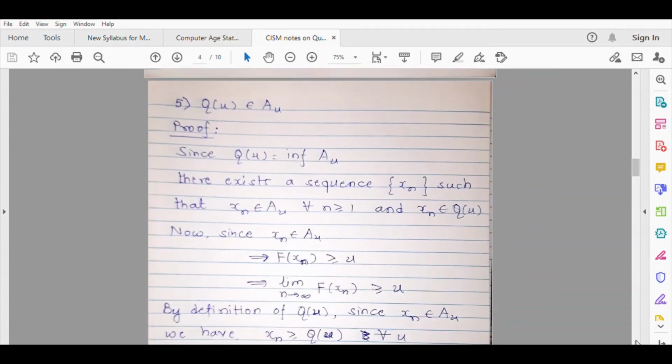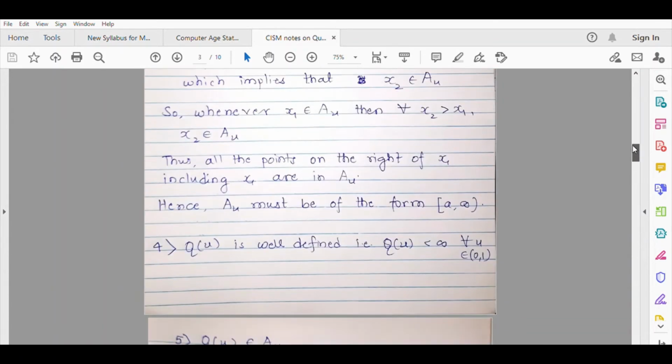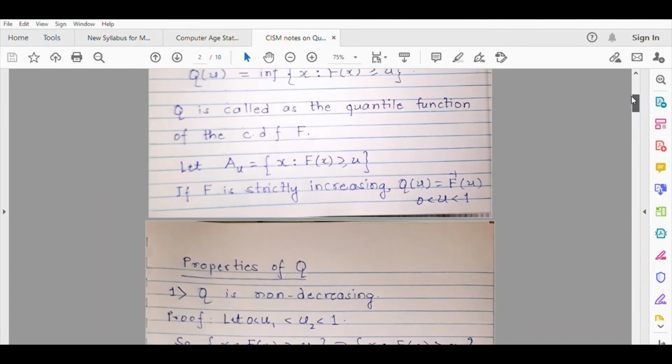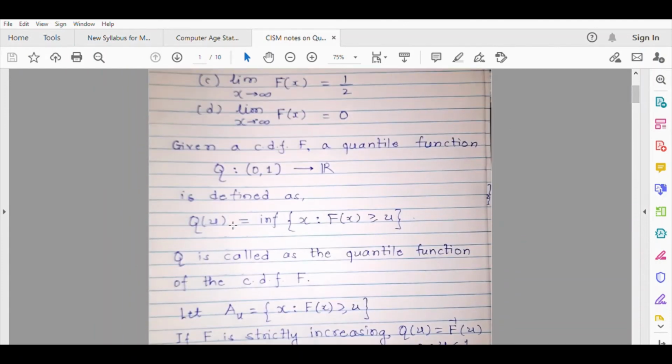So suppose QU is in AU. Sorry, the result says that QU belongs to the set AU. What is QU? By definition, let us go back again, because this can be a bit tricky. QU is the infimum of all those points. The claim is that this infimum is also going to satisfy this condition.